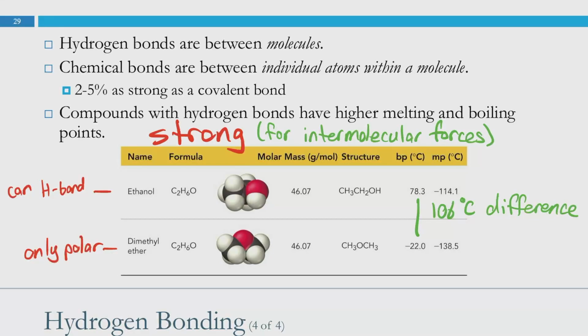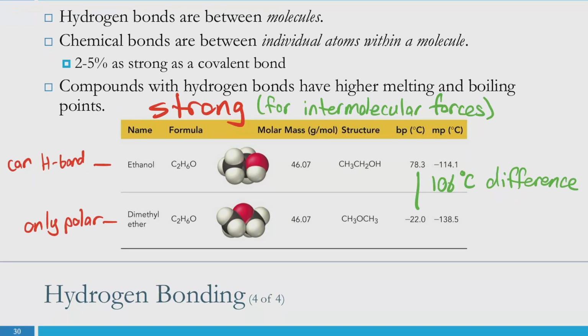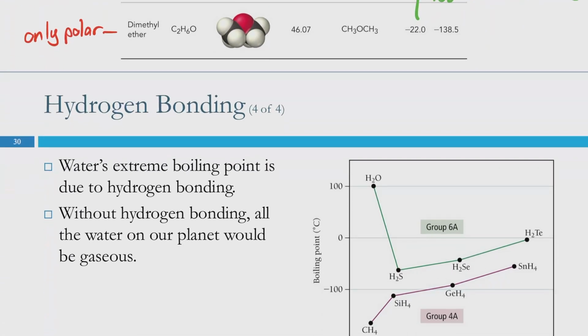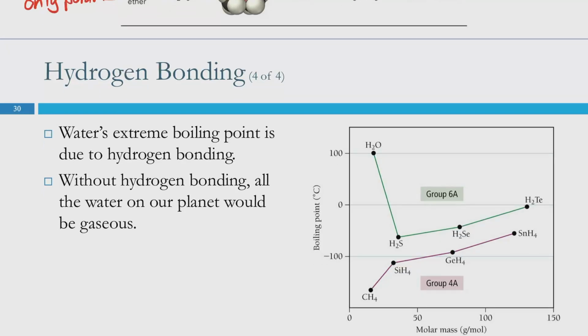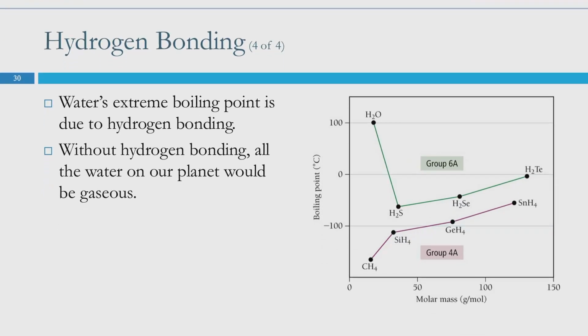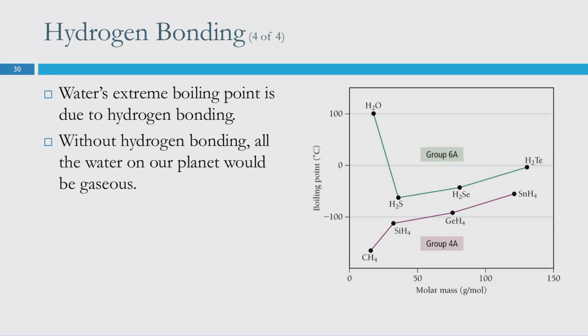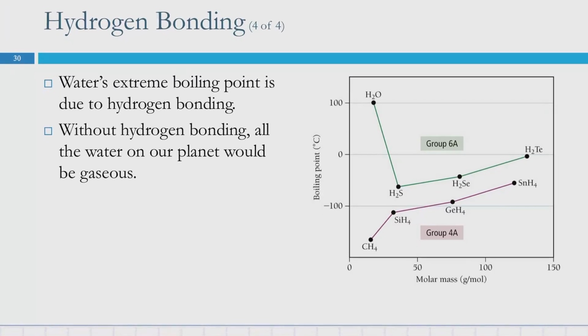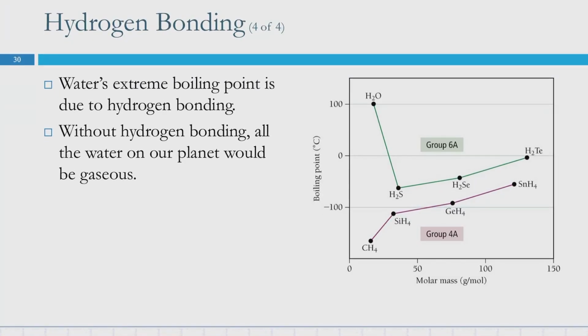So just by adding hydrogen force, our boiling point has changed by the difference between freezing water and boiling water, which I would consider a large difference. Water also notably has hydrogen bonding, like we saw, and relative to similarly sized and similarly classed molecules, it's got an extraordinarily high boiling point, which is great.